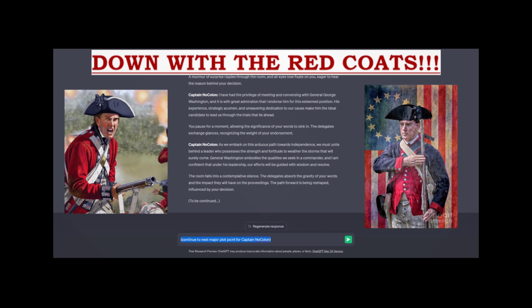Objectives. I, Captain No Colon, would still pursue a position of leadership within the Army, though I do not wish to lead it as a whole.